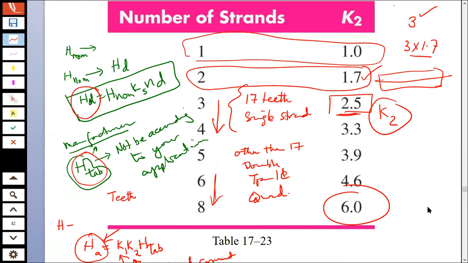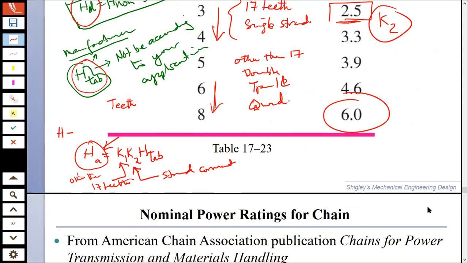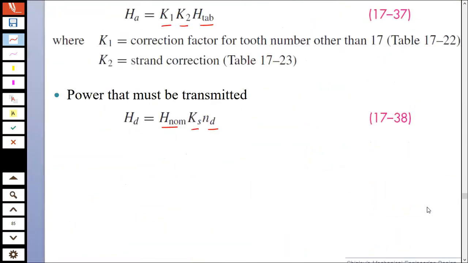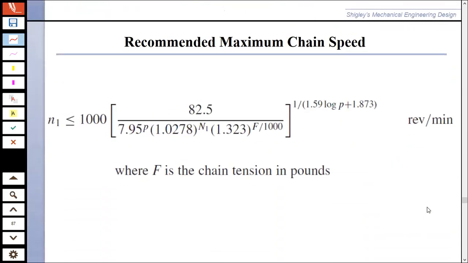So if I use 5 strands, then for 5 strands it is 3.9. So probably that is going to work for me, because 50 multiplied by 3.9 is going to transmit 195 horsepower.